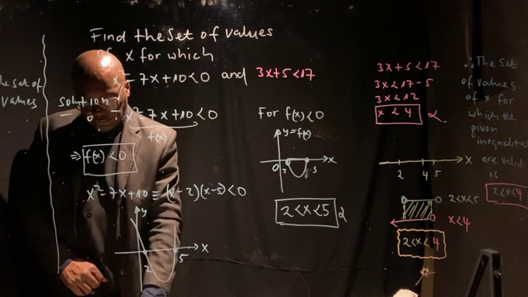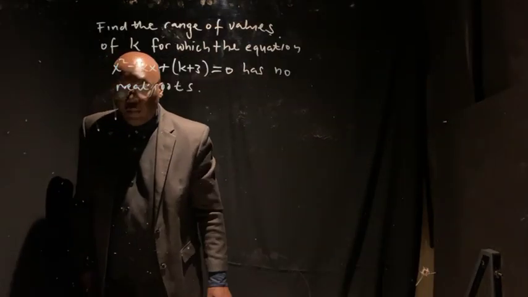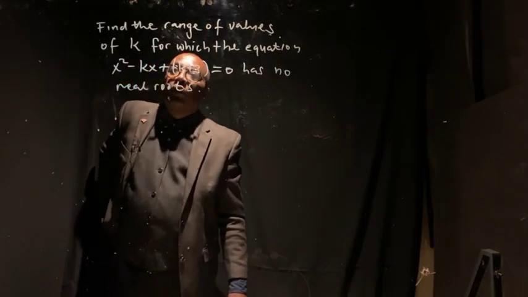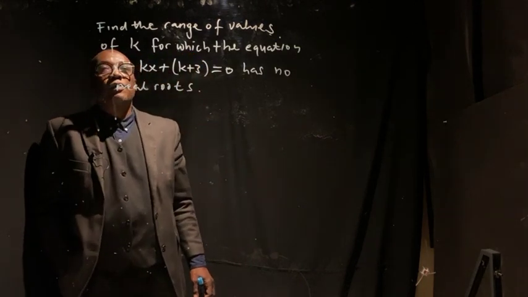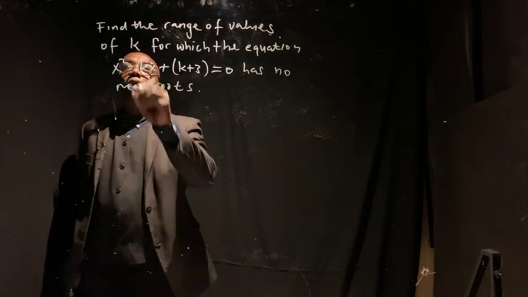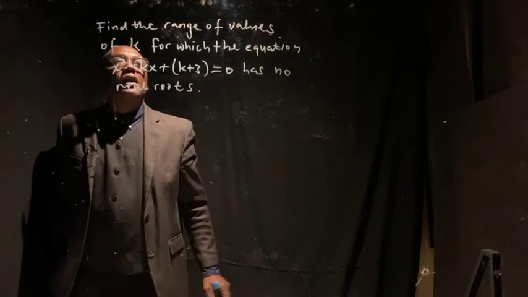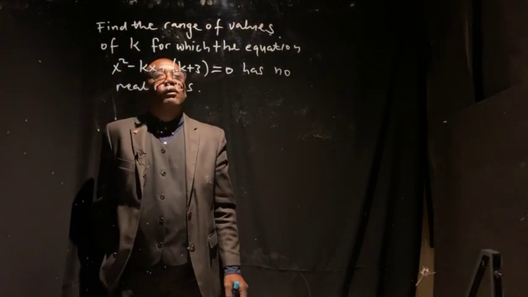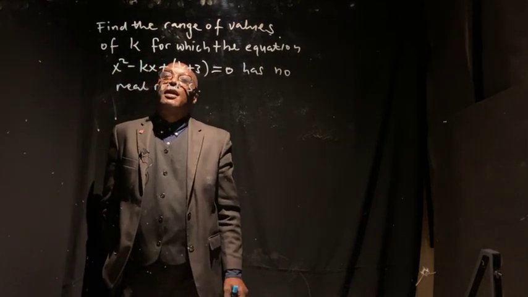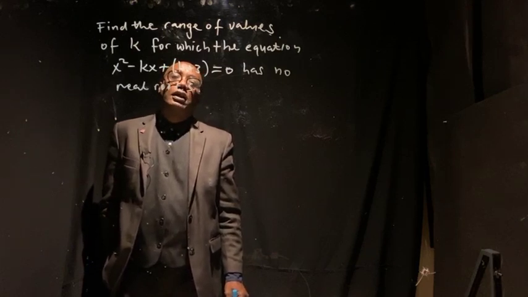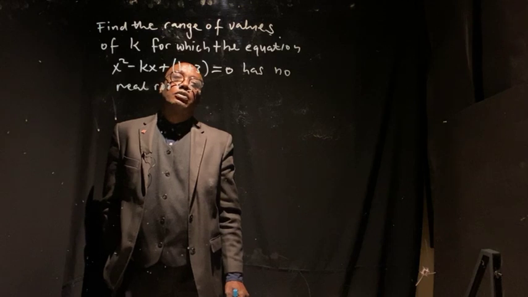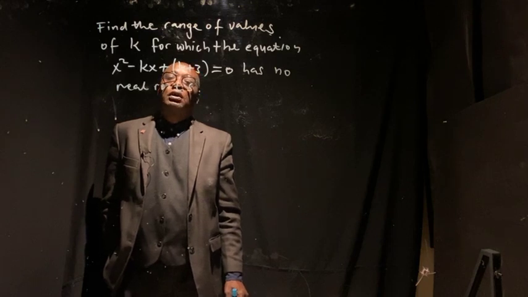When I come back again, this is another question that we want to consider. It says, find the range of values of k for which the equation x squared minus kx plus k plus 3, in a bracket, equal to 0 has no root.